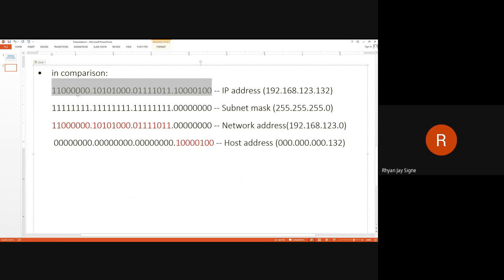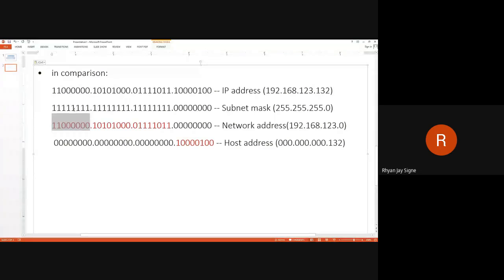To get the network ID we use an AND gate, which is like multiplication. Whatever you multiply by 1 will be the same number.